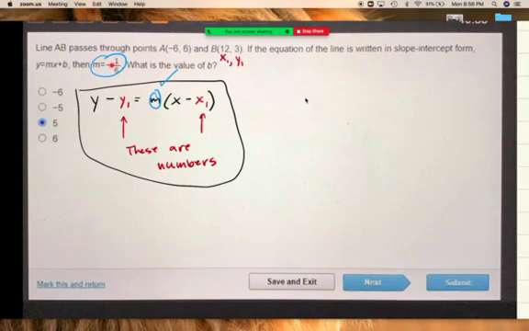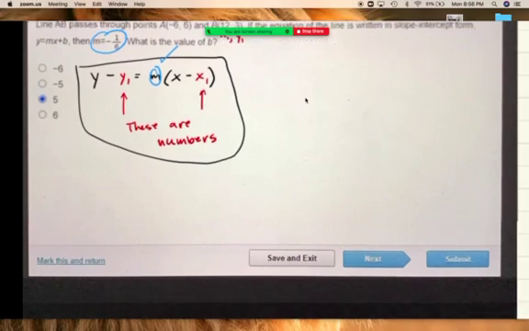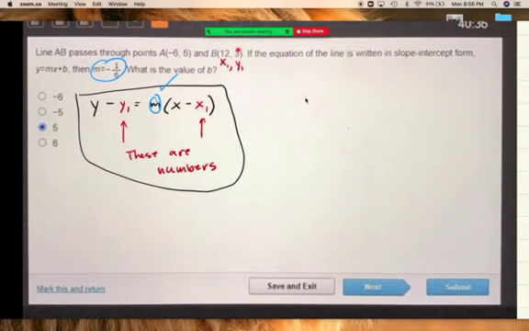Once I do that, it's exactly like the last problem that we just did, where, well, I guess I didn't write it down. But once I switch out this, this, and this, then all you do is distribute and move stuff over so that it looks like this. The problem is we have the fraction there, so I'll show you how to deal with that. So I'll just write down y minus, and then figure out what y1 is.